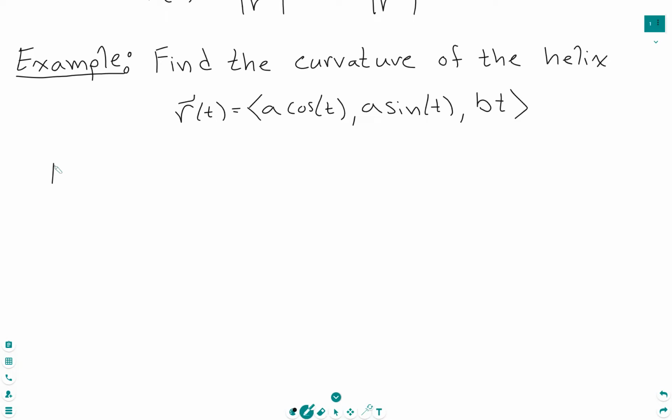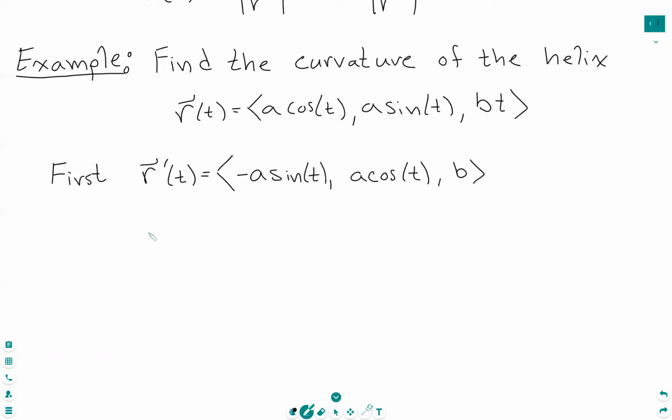So the first thing to do is find this r prime. We'll go ahead and take its derivative. So we'll get negative a sine of t, a cosine t, and b.